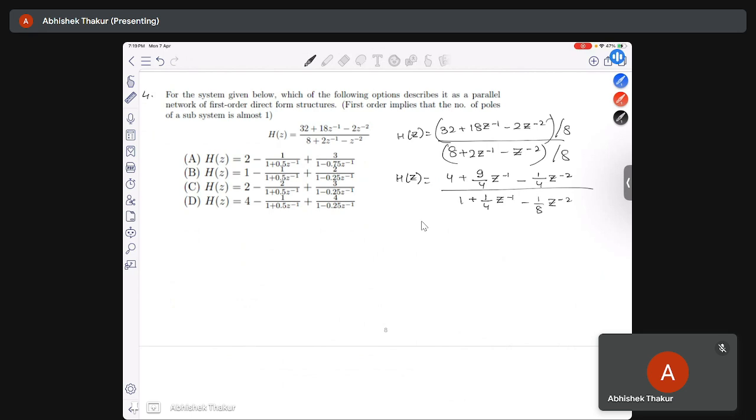So now do the factorization of the denominator. So we will get it as 1 plus half z inverse multiplied with 1 minus 1 by 4 z inverse.